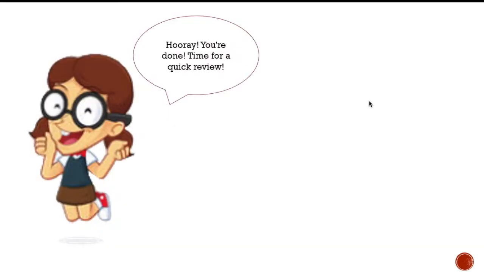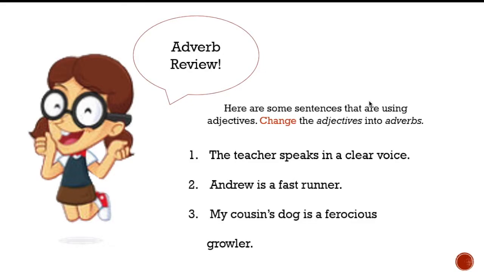Hooray! You have completed this lesson. Time for a quick review. In this adverb review, change the adjectives into adverbs. Go on ahead and pause the video and then we'll review. Great! You finished. Let's see how you did.